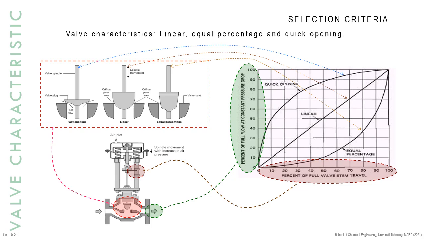The differences can be seen from the shape of the valve plug, which influences the way fluid passes through the valve. The valve spindle allows the movement of fluid. Every valve characteristic has different behavior with respect to percent of full flow at constant pressure and percent of full valve stem travel. It can be seen from the graph shown in the slide.